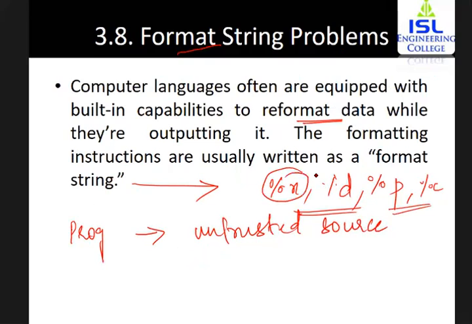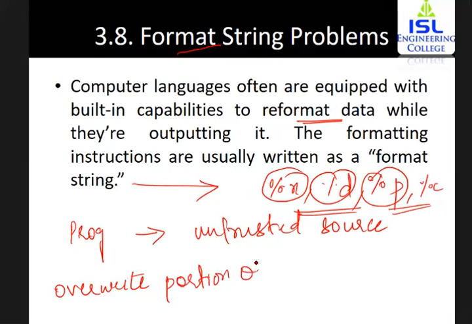So with these format strings, the attacker is going to access all of them. He might overwrite the portion of the target. That is, if he wants to access some specific part of the program, he is going to make a change within that particular line of code. Now when you execute this file from untrusted sources, this virus is going to run, and this information will be captured by the attacker.